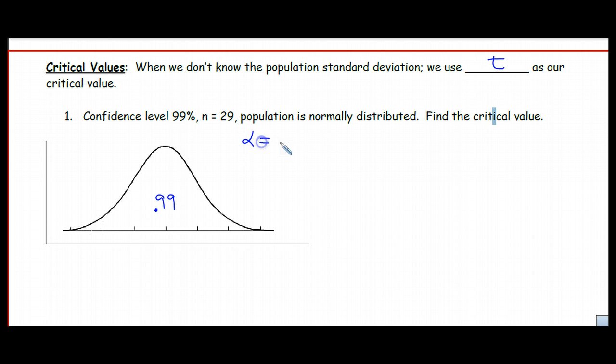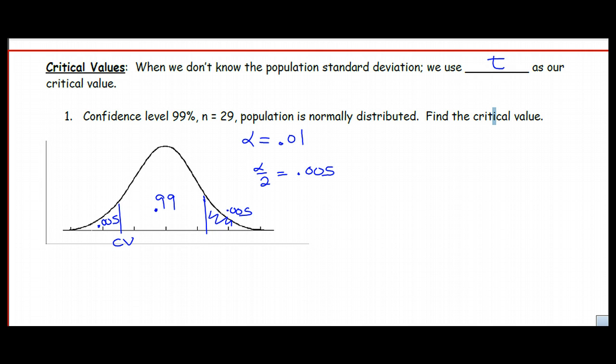This gives me an alpha of 0.01. So 0.01 is left over, but I have to split it up. This area is going to be 0.01 over 2, so my alpha over 2 is going to be 0.005. So this area is 0.005, and this area is 0.005, so that all together it's adding up to 1, or 100%.